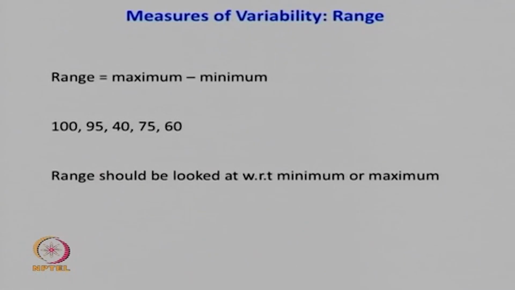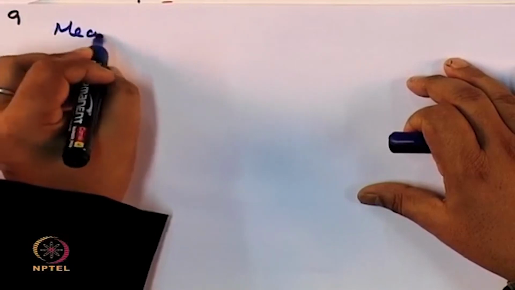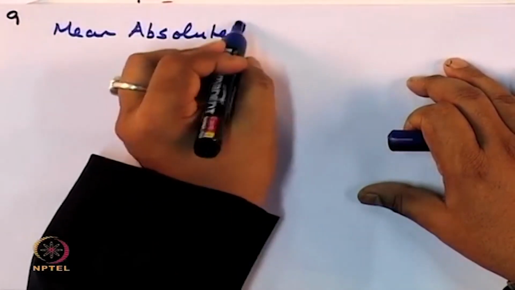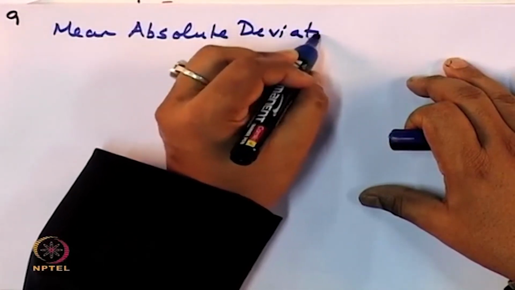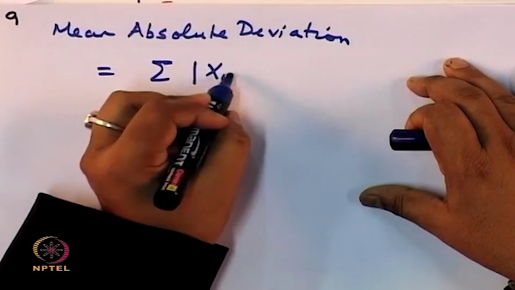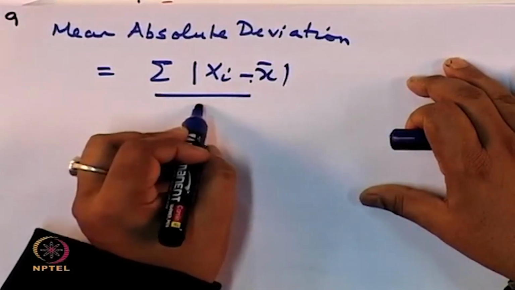Okay. Another way of measuring variability is using the mean absolute deviation. We can work out this particular example. The mean absolute deviation is the summation of mod of xi minus x bar, divided by n.